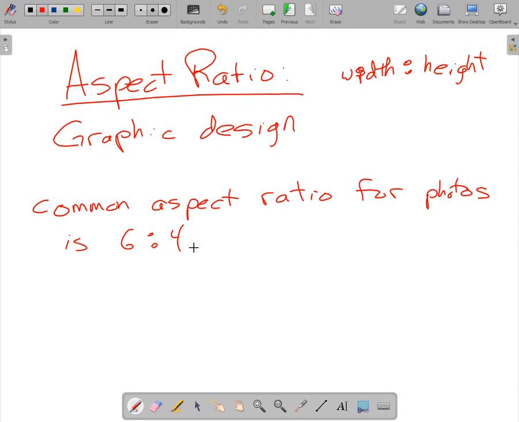And that one always caught me by surprise, because if you think about that as a fraction, as a math teacher, I would rather write that as what? 3 to 2. Yeah. But for some reason in the graphic design industry, they decided they wanted to call it 6 to 4 instead of 3 to 2.